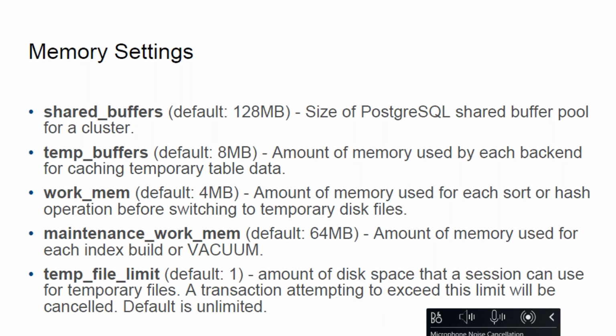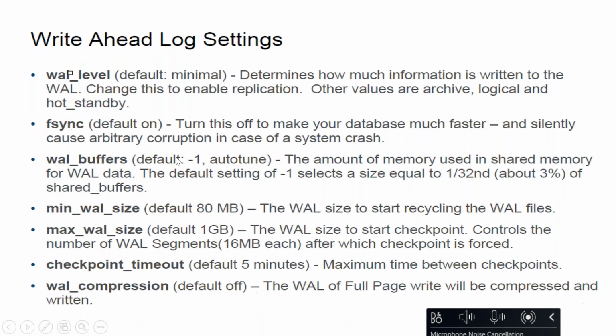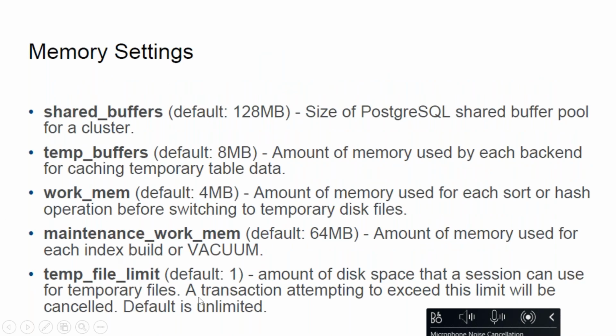Now these memory areas: temporary buffers, work memory, maintenance work memory. Temporary buffers and work memory are for each session, so don't try to increase them at the cluster level. Assume you increase work memory from 4 MB to 40 MB. What will happen?